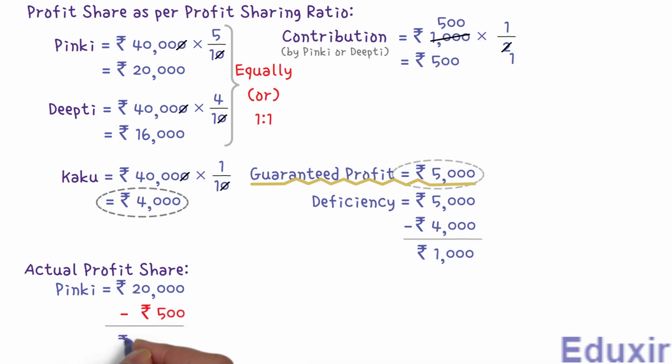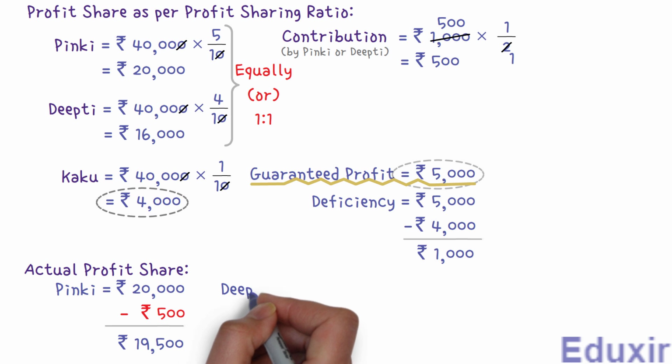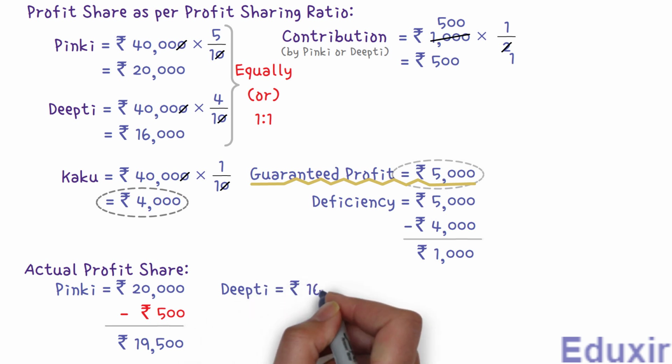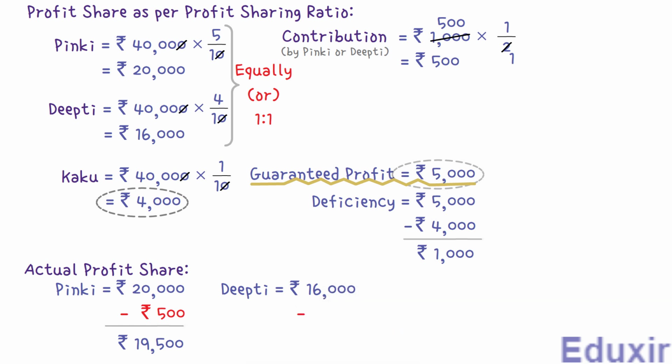Subtracting, we get 19,500 rupees. Now, the actual profit share of the partner Deepti is equal to her share of profit as per the profit sharing ratio, which is 16,000 rupees, minus her contribution to the deficiency in partner Kaku's profit share, which is equal to 500 rupees. Subtracting, we get 15,500 rupees.